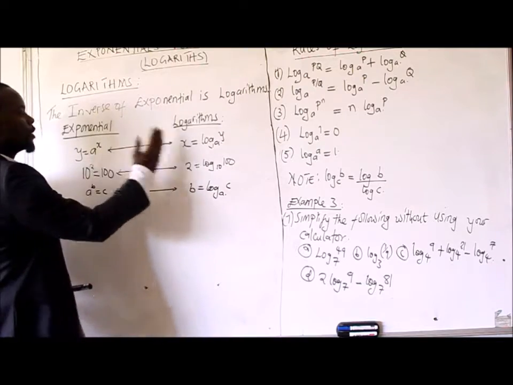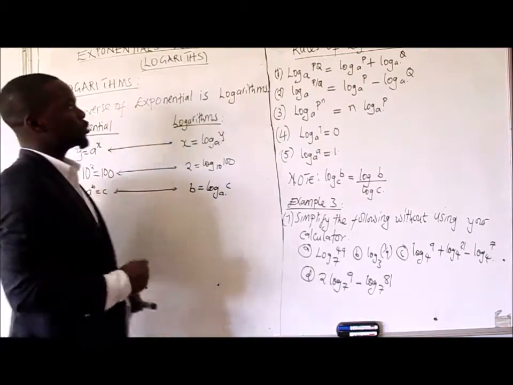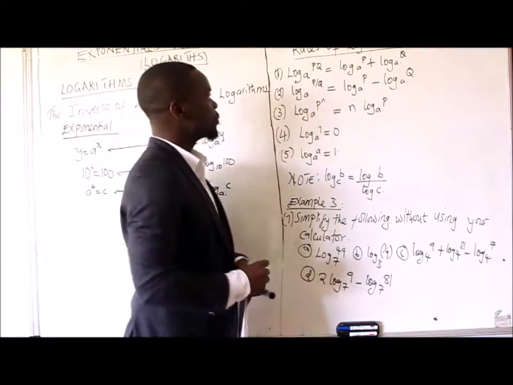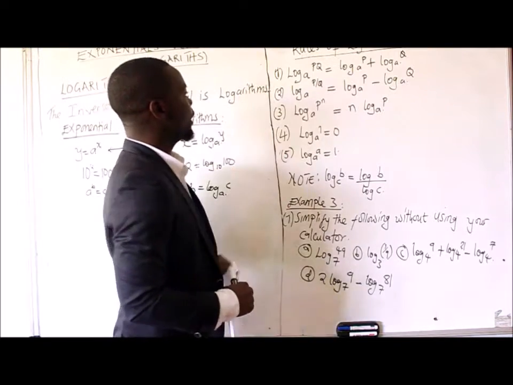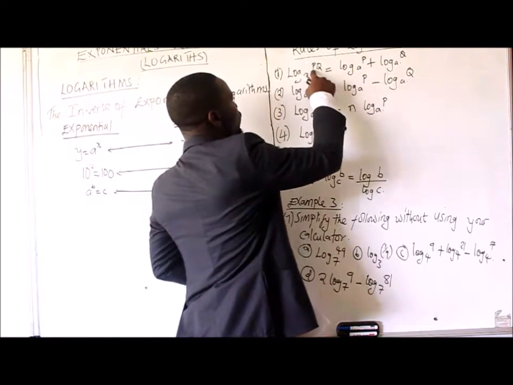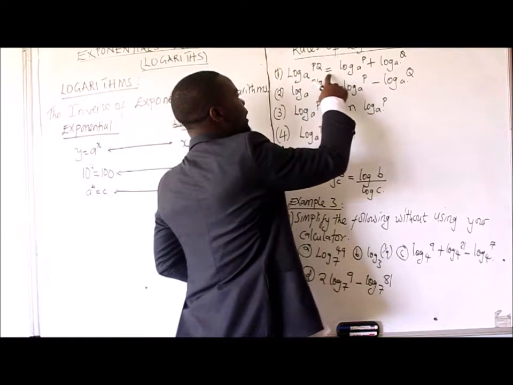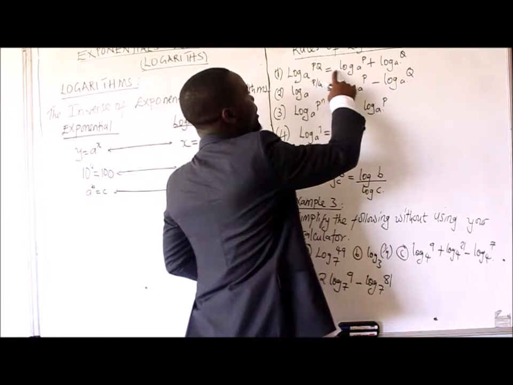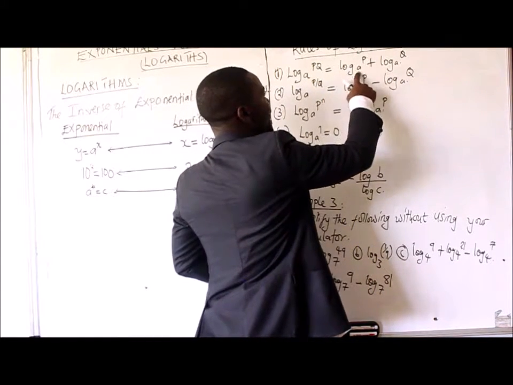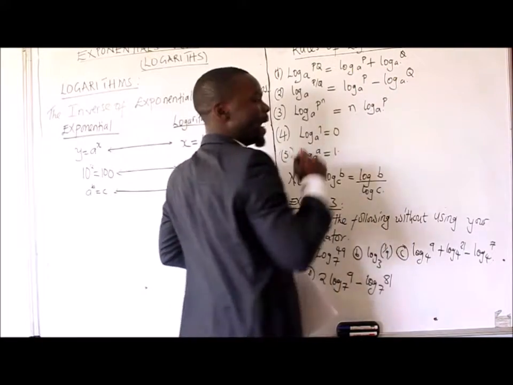Let's go to rules of logarithms. The first law is: log of the product of p and q base a is equal to the log of p base a plus log of q base a.